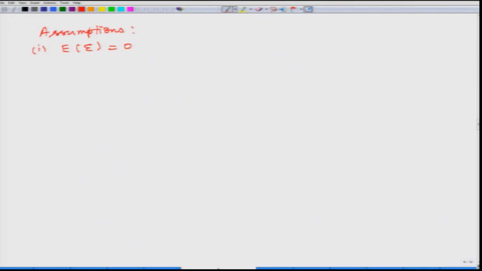The interpretation of this we already discussed in the case of the simple linear regression model. The second assumption is about the variance covariance matrix. So, we assume that the variance covariance matrix of epsilon, which is the same as the expected value of epsilon epsilon prime, is sigma square I n.